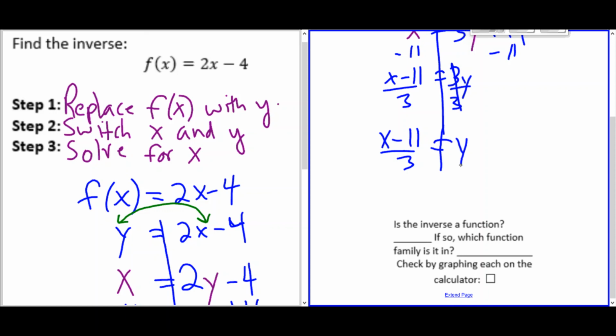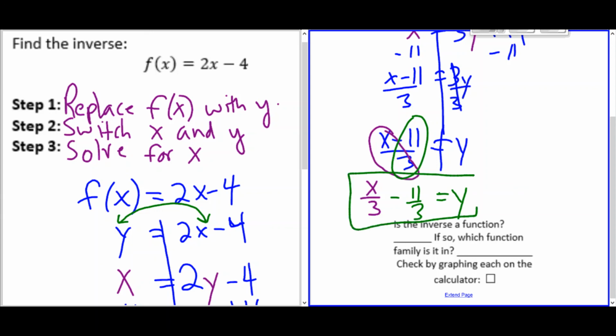So the first would be x divided by 3. And then the second part is the minus 11 over 3. And that equals y. So I got x over 3 minus 11 over 3 equals y.